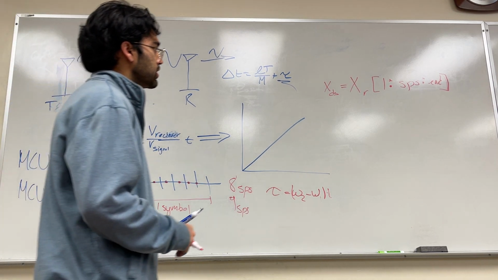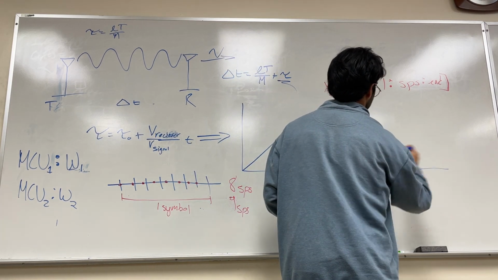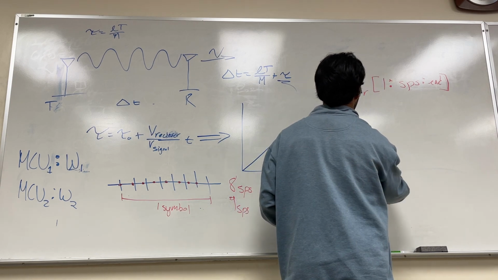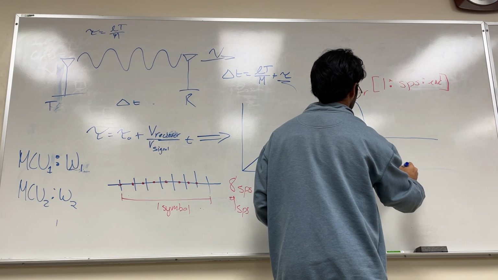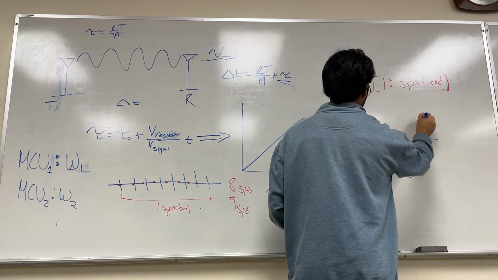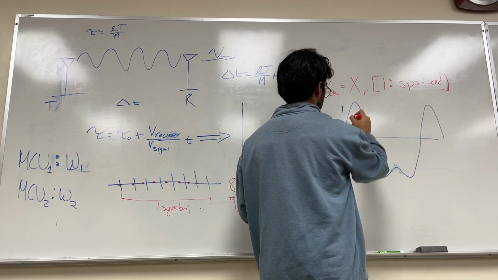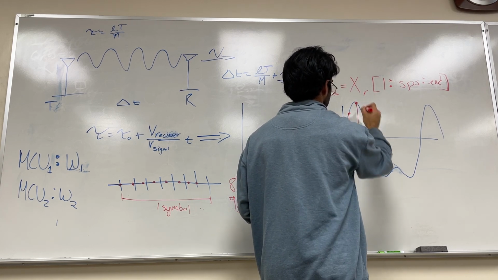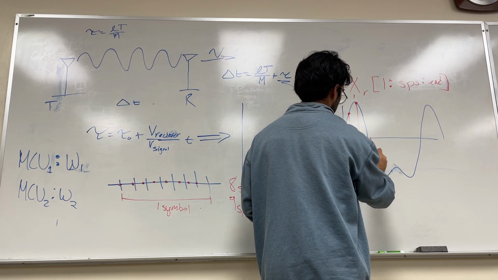We could graphically demonstrate this. I could draw some signal, and we'll say it's like this. And it could be like, this is 1, 2. So here's your first symbol, or first sample to pick.